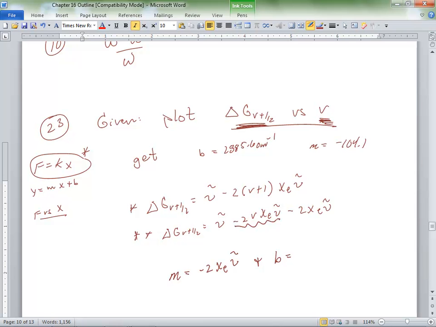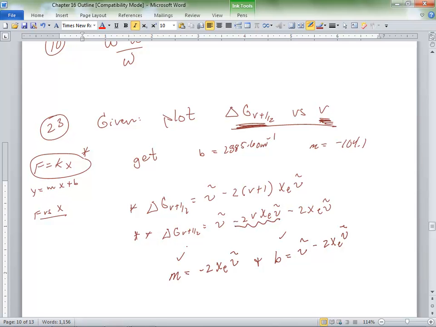So it'd be omega_e minus 2 omega_e x_e. If there's more stuff, that would also be part of the y-intercept. Okay. Now we know what M and B are. We have 2 equations, 2 unknowns. You can solve for it.